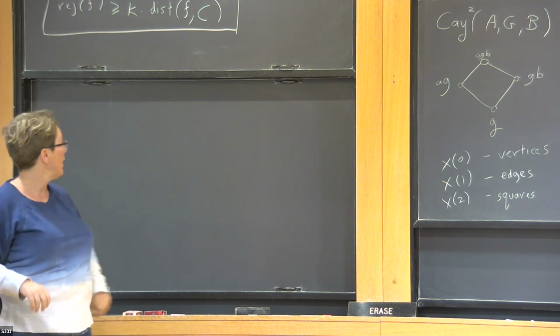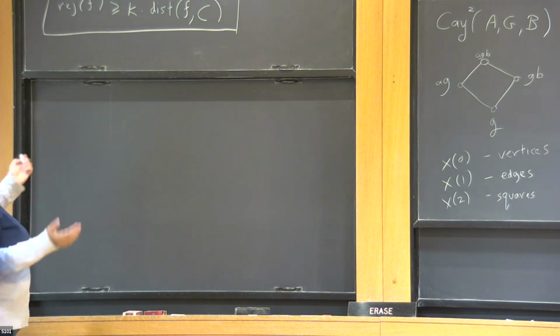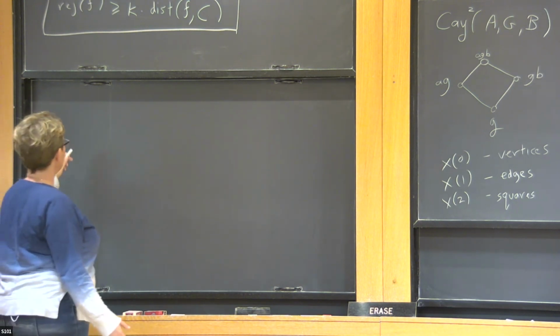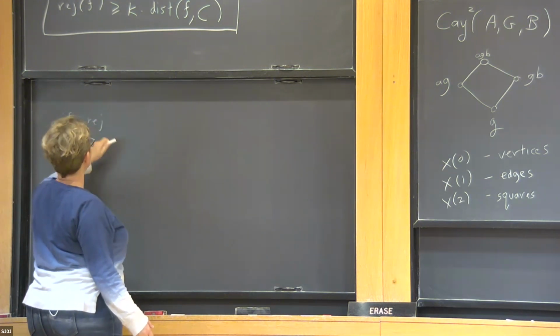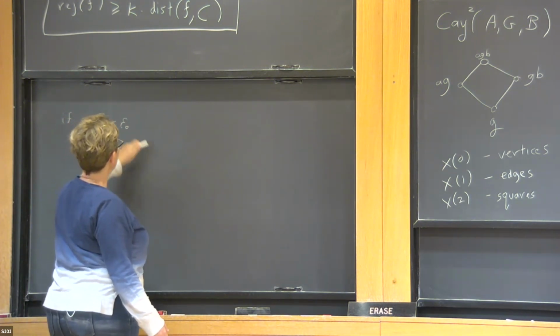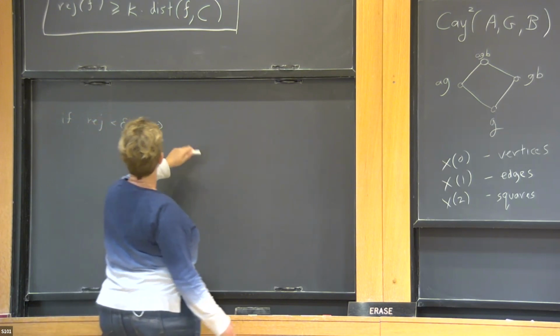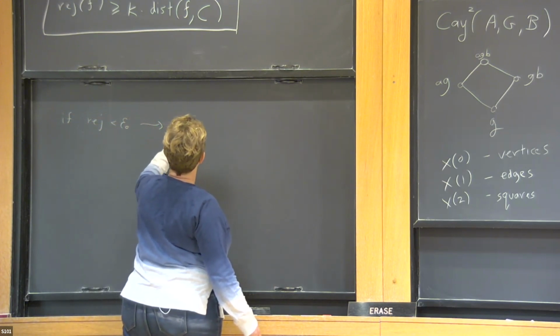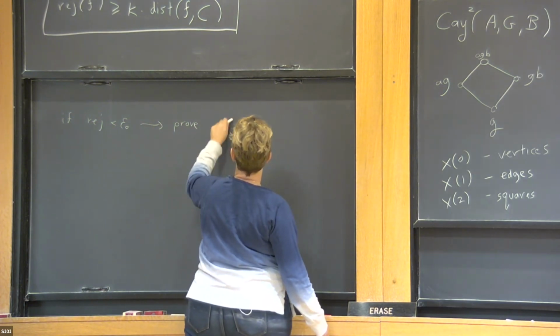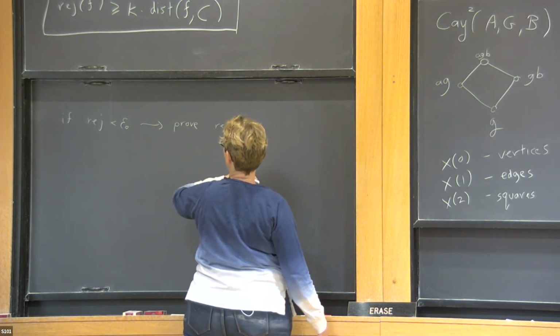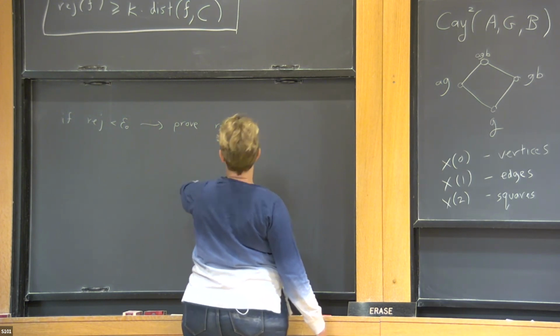So the argument is like this: if the rejection was smaller than epsilon 0, then you prove the inequality. Epsilon 0 is where, beneath that, you're not going to get stuck. That's the definition of epsilon 0. Right.